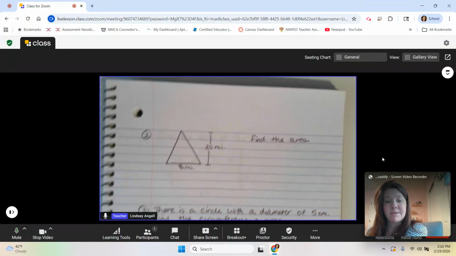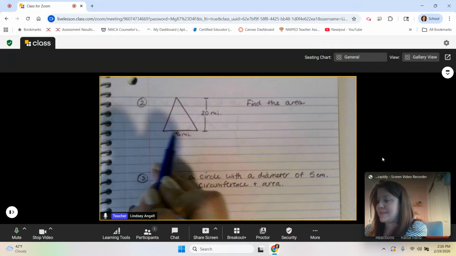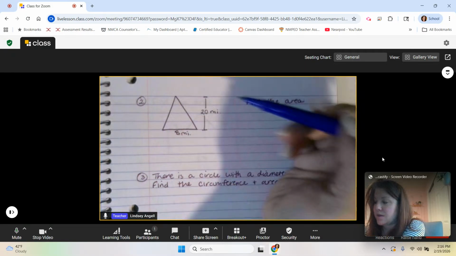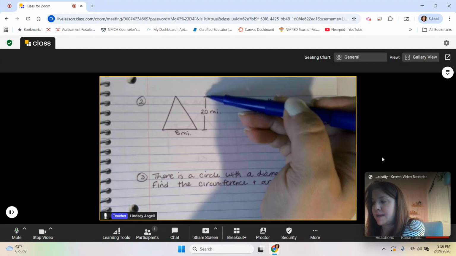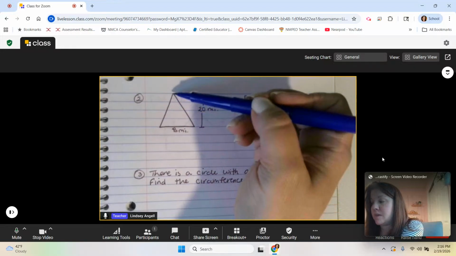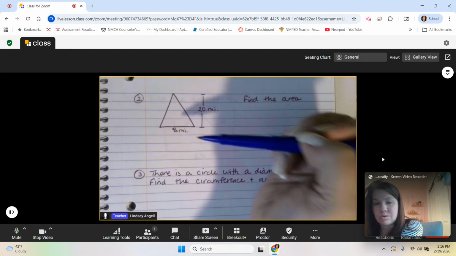For this second problem, the area of a triangle, okay? So the base is 8, and the height of the triangle is 20. Now the height, notice it's on the outside here, but it is the perpendicular length from the opposite vertex to the base.